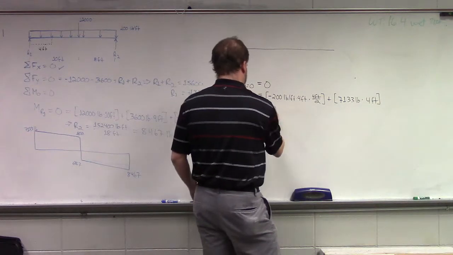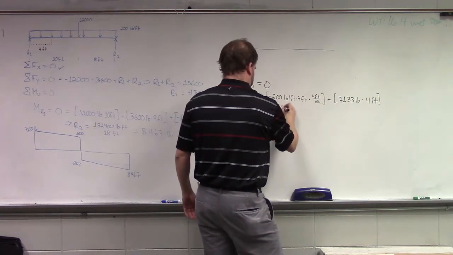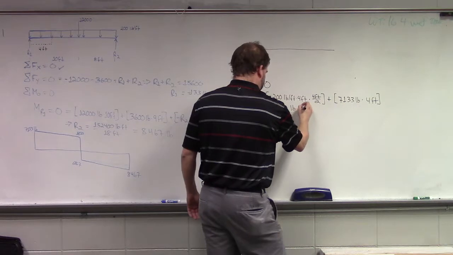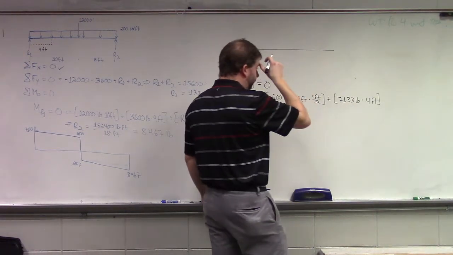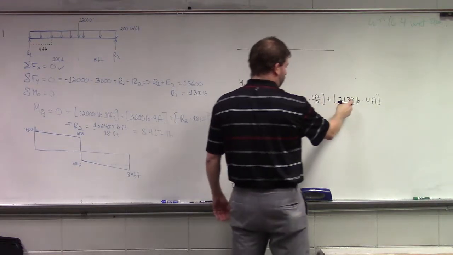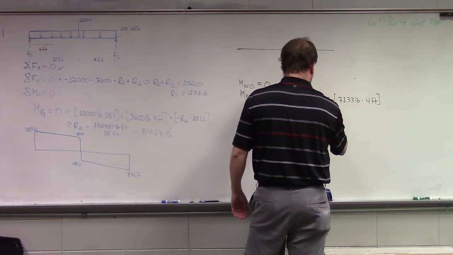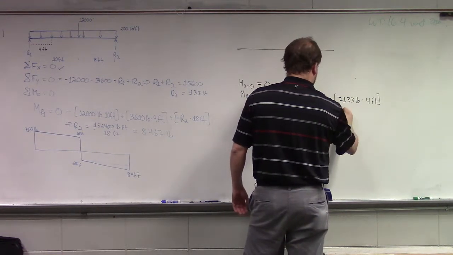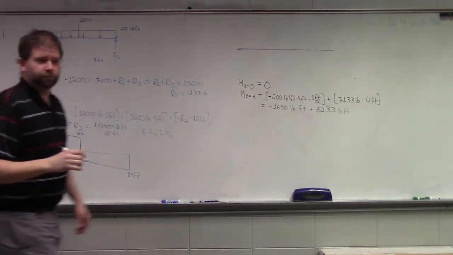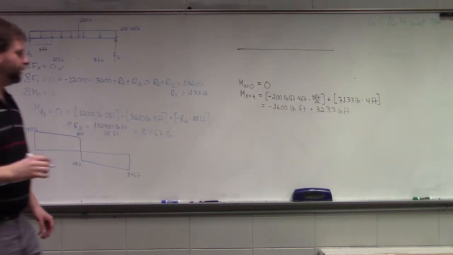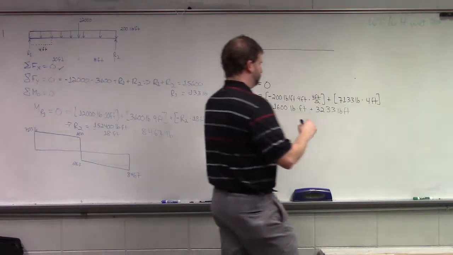Okay, so that's minus 1,600 pound-feet plus 28,532.